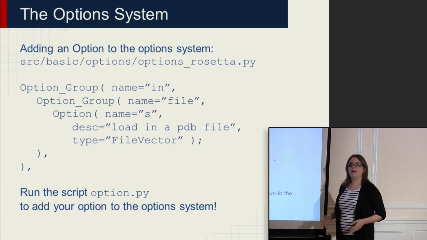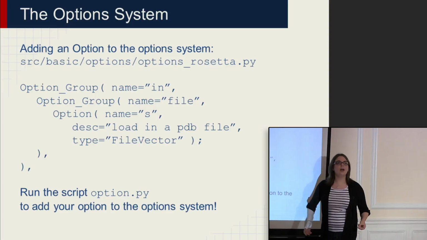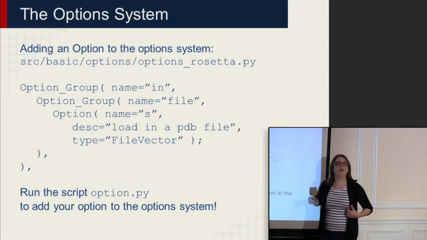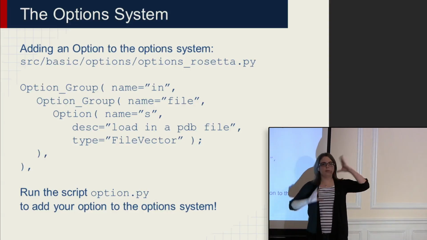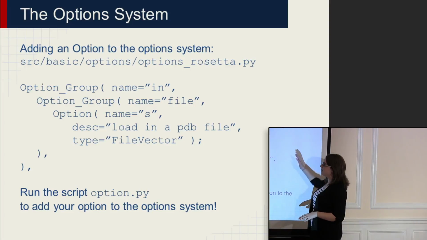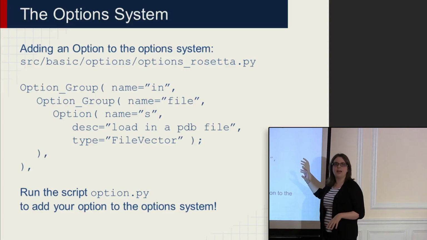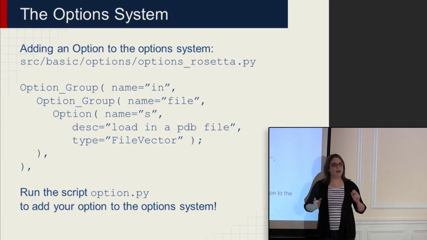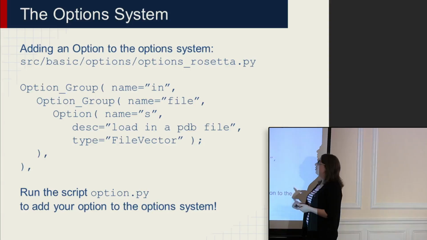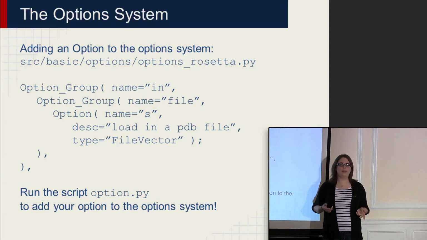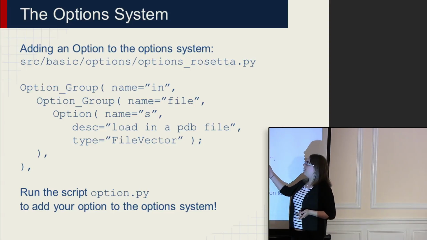What's good to know about is how to add an option to the option system. You'll do this through an options rosetta.py script. This is a script where everyone adds their options to the option system. And this is what the syntax looks like inside that file. There are option groups. That's how options get grouped into these namespaces. So you have a group in, a group file, and then for the option S, or the PDB file, you have a description and then a type.